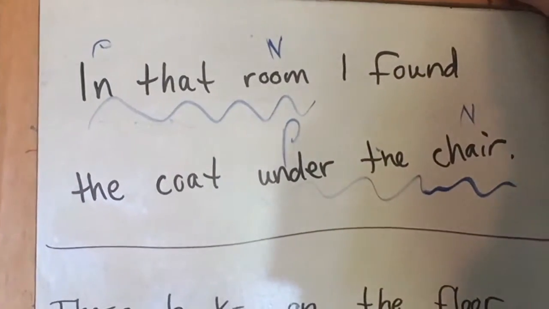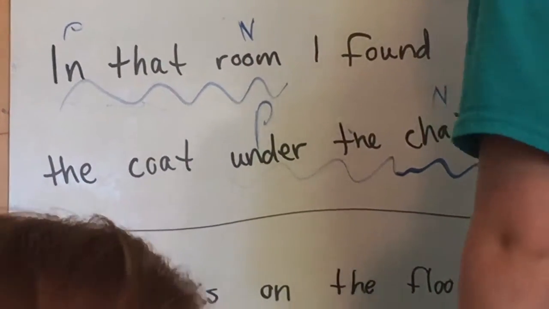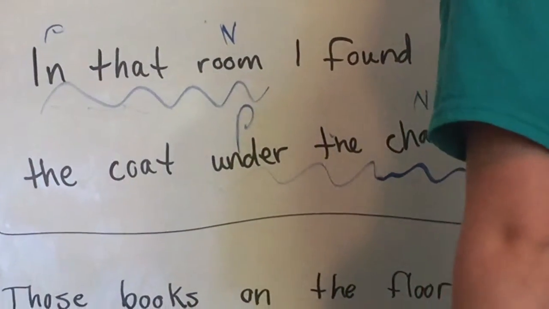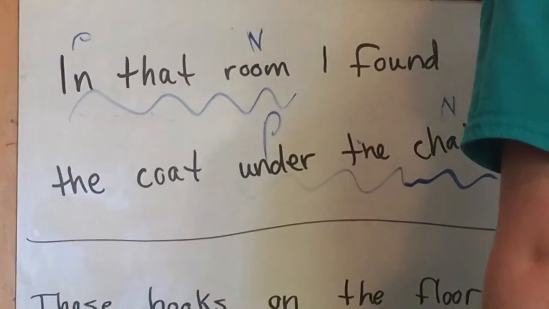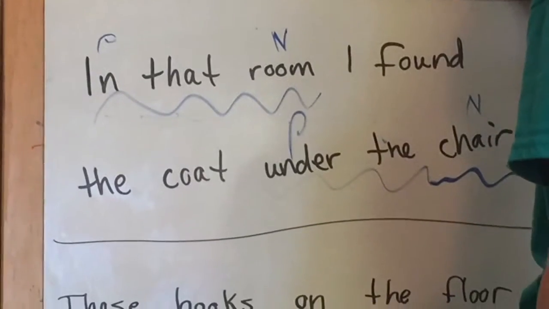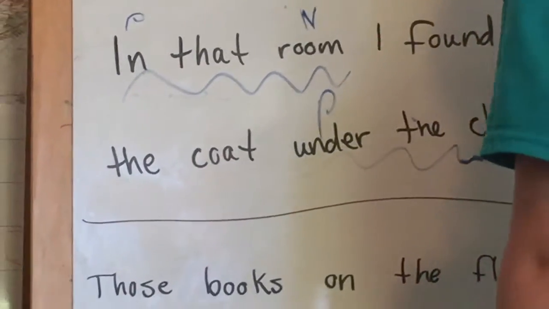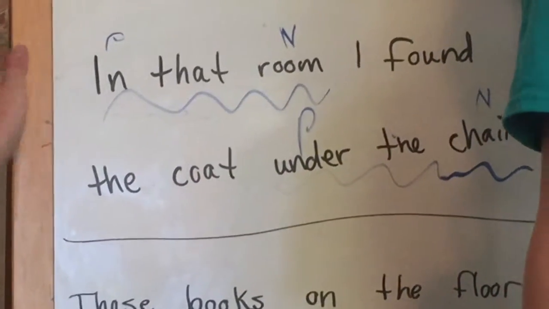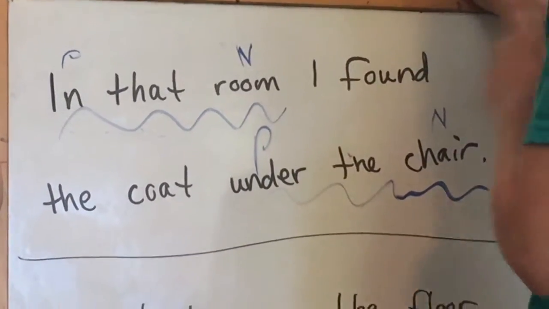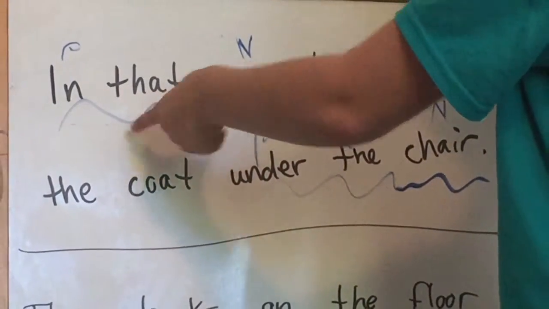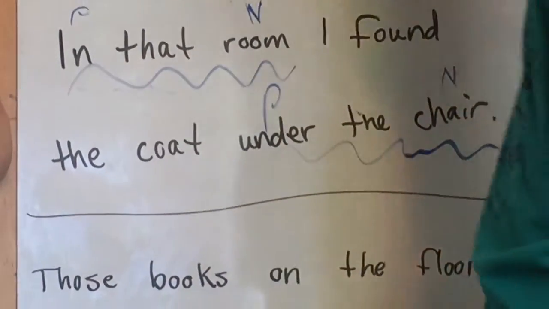Okay. And add adjectives if necessary. Add possessive, P-O-S-S, or demo in front of ADJ if necessary. So label the adjectives first. So adjectives in which room? Yes.